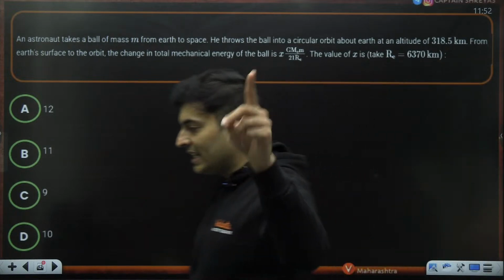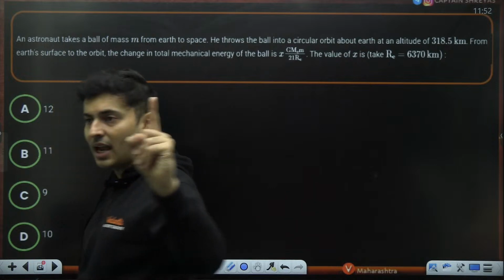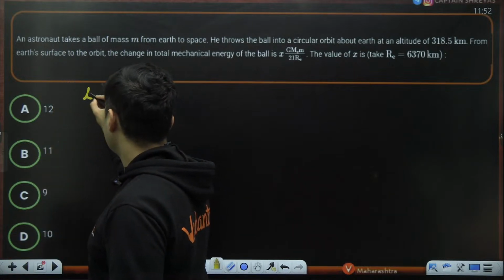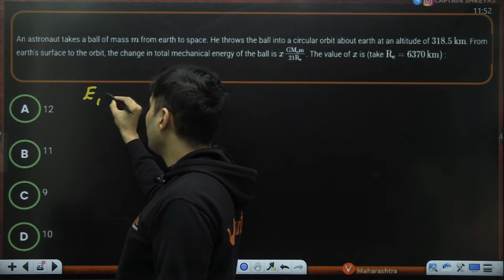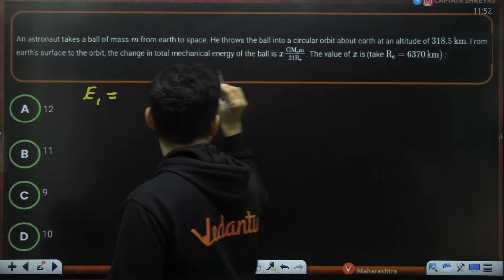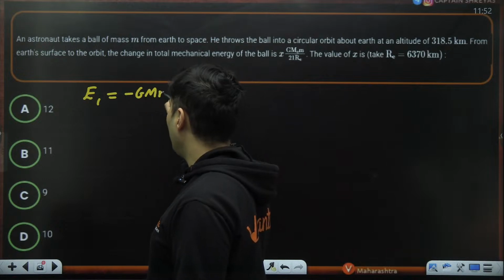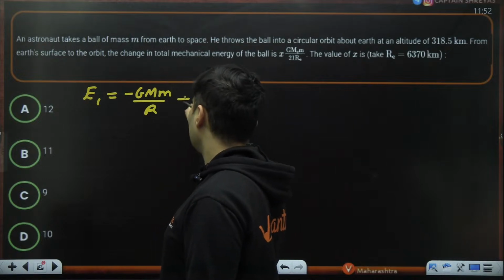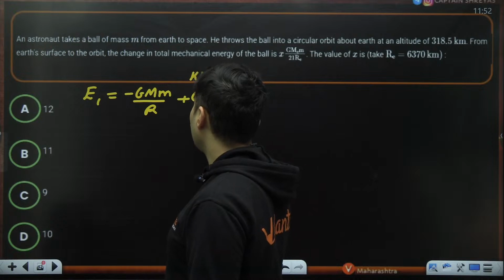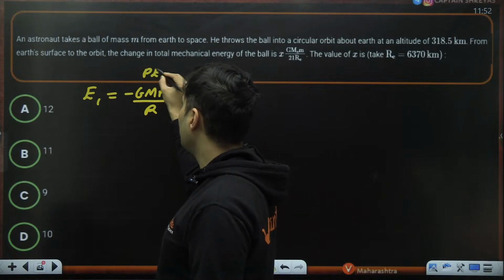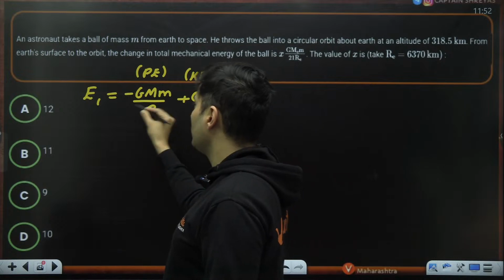First of all, the initial energy at the Earth's surface: he had only potential energy. Let's call that energy E1. It will be minus GMm by the radius. There is zero kinetic energy, only potential energy.